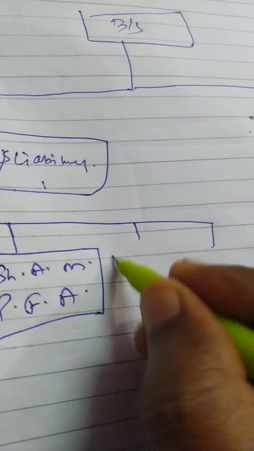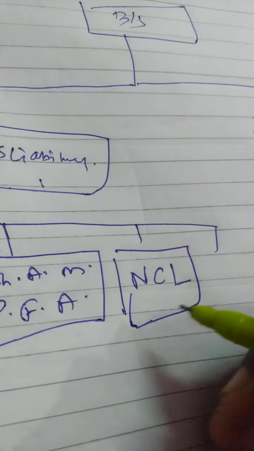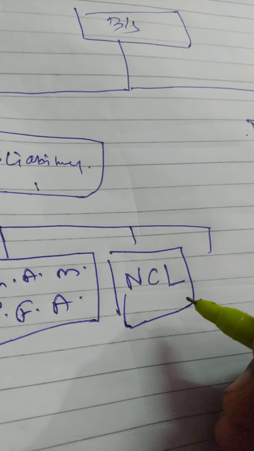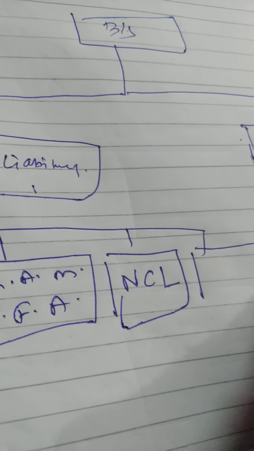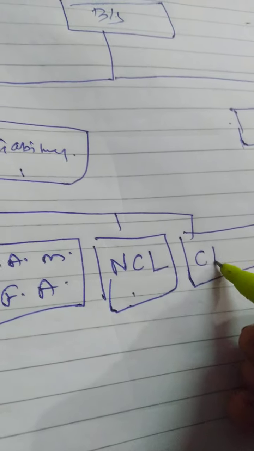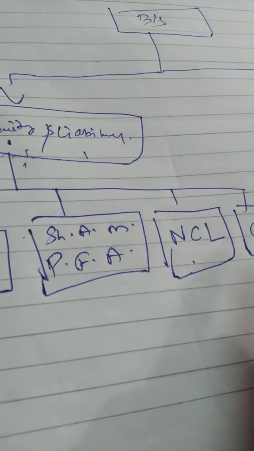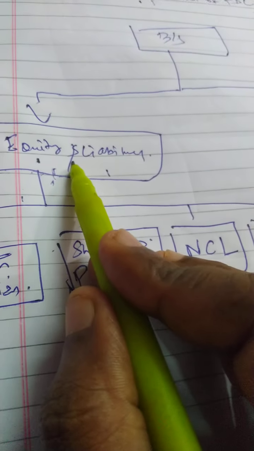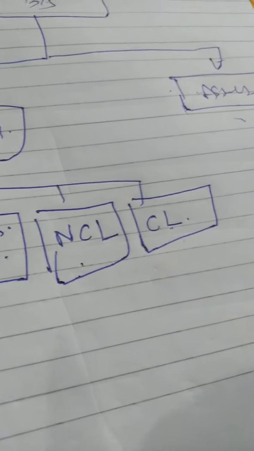Then you have next category, non-current liability. Then what will be the next category? Non-current liability is over, then current liability. These are the major headings under the equity and liabilities.